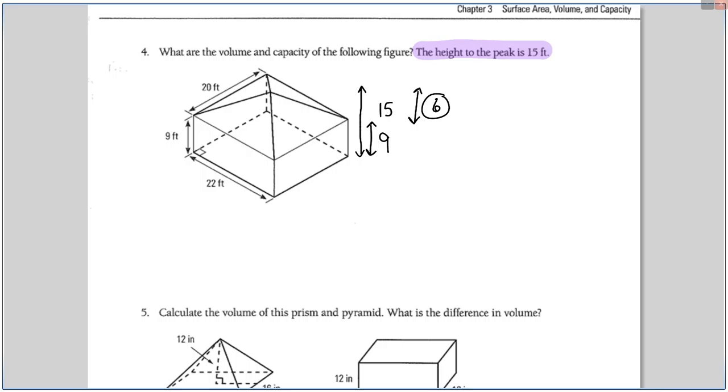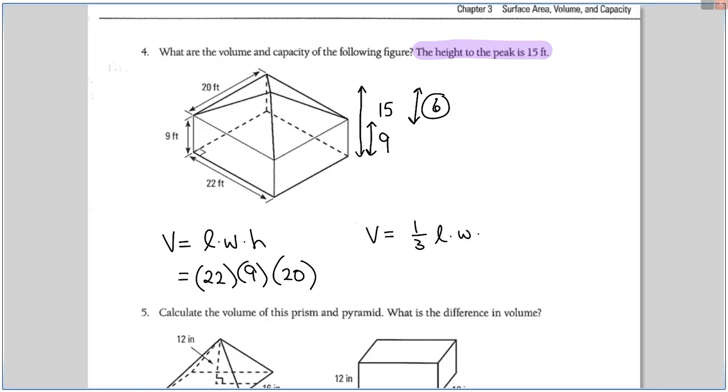Alright. So the volume of the prism, LWH, 22, 9, and 20. And the volume of the pyramid? 22, 20, and 6. And then we take these two numbers and we add them up, okay?